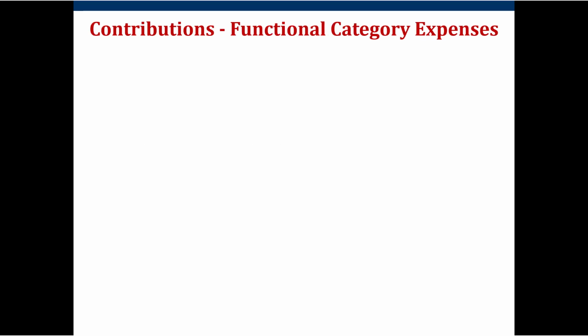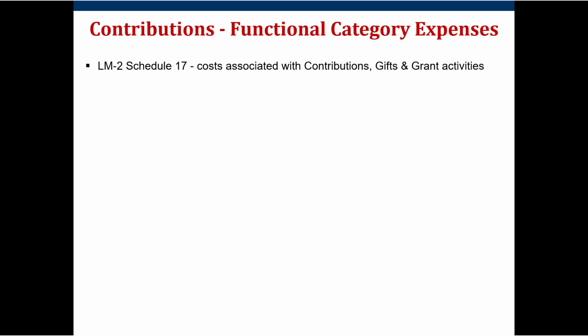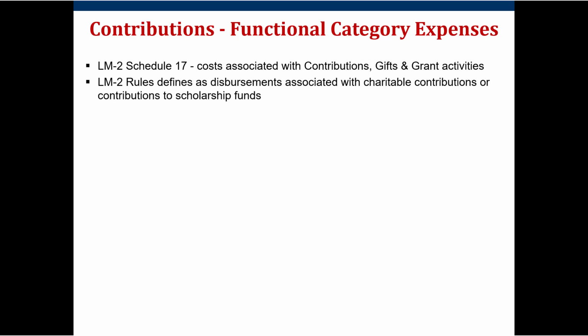Contributions functional category expenses. The full name of this category is Contributions, Gifts, and Grants, and the LM2 requires reporting of costs associated with these activities on Schedule 17. The LM2 instructions define contributions, gifts, and grants costs as those associated with charitable contributions or contributions to scholarship funds.